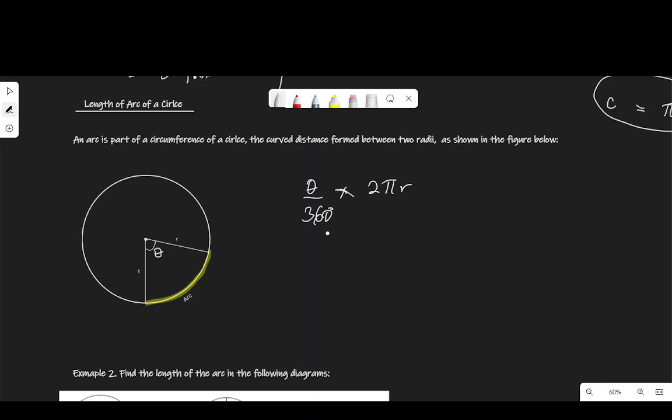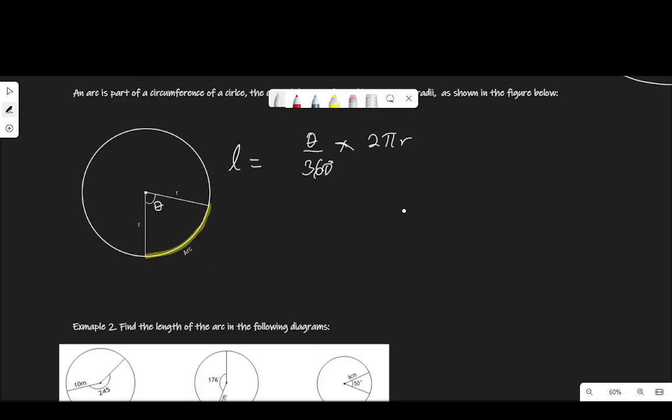So it's a fraction of the whole circle. That is why we're dividing by 360 degrees. So length of arc, let me call it L, is theta over 360 times 2 pi r. So let's use that formula to solve some problems.